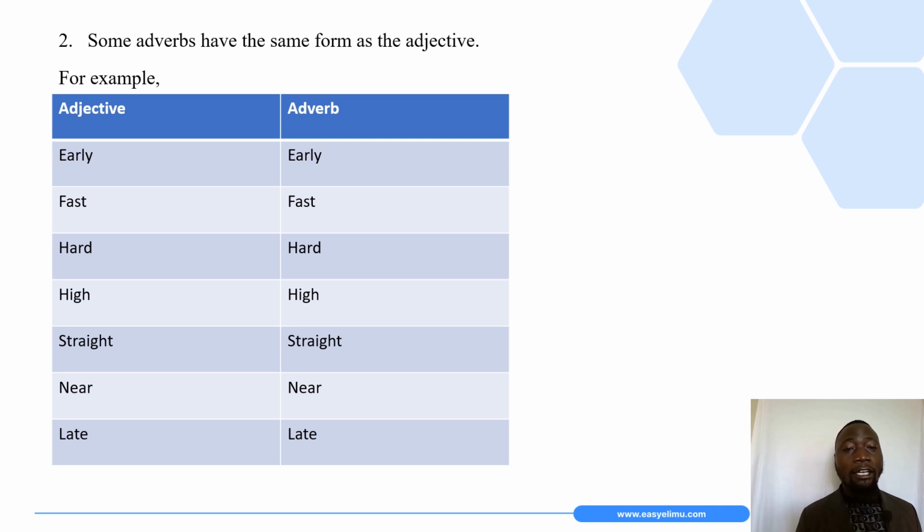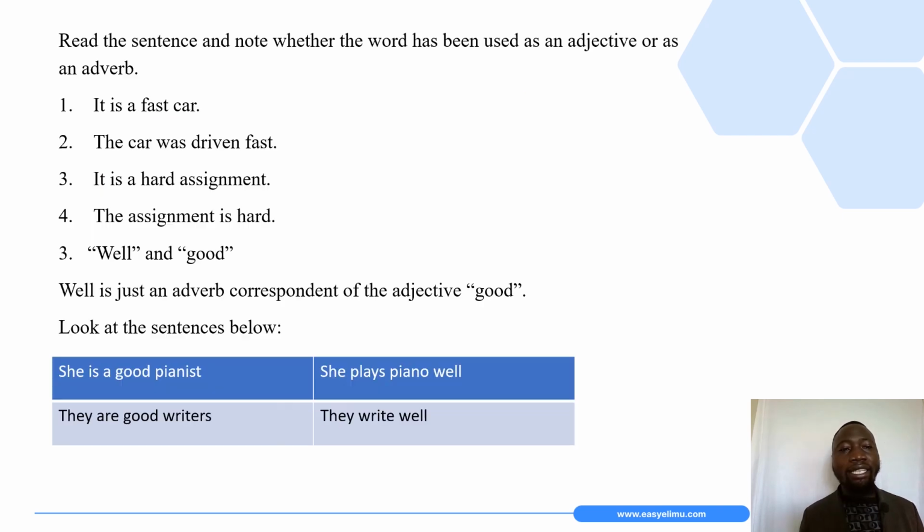If you want to know whether some of these words that have the same form are used as adverbs or adjectives, you have to study the sentence keenly so that you know when to use them as adjectives and when as adverbs.